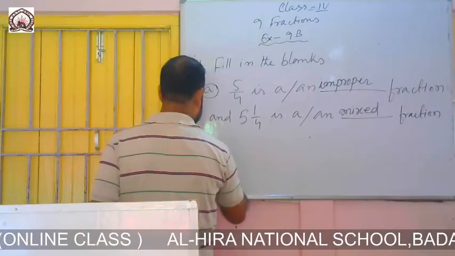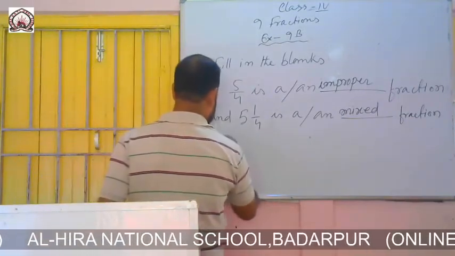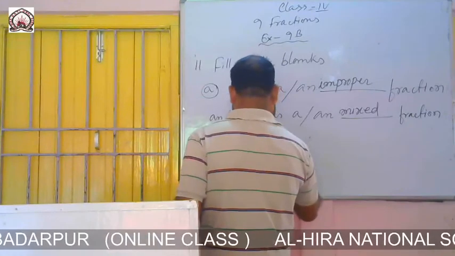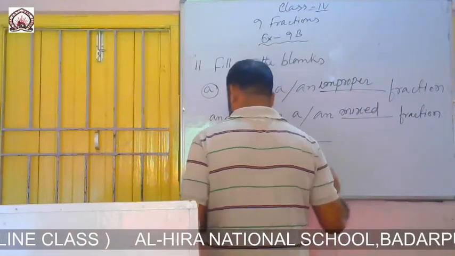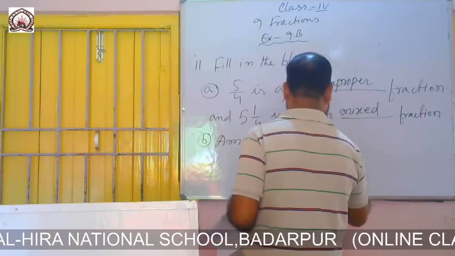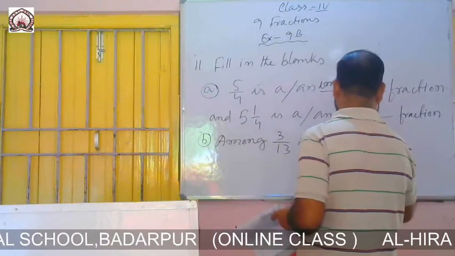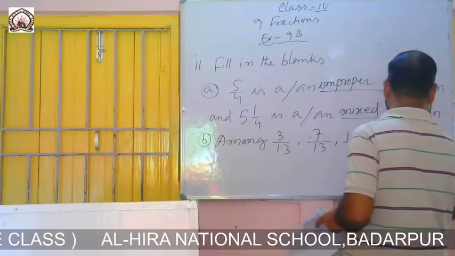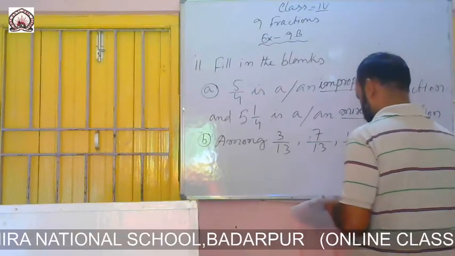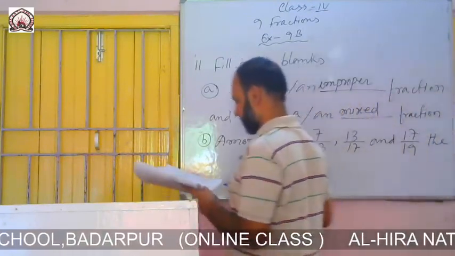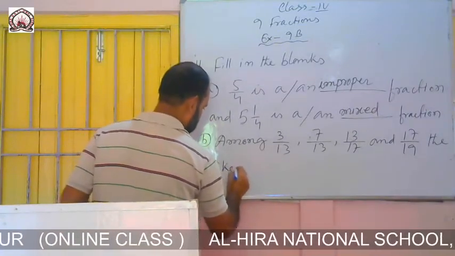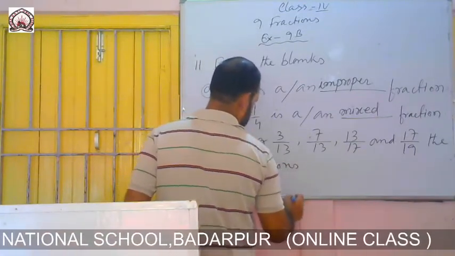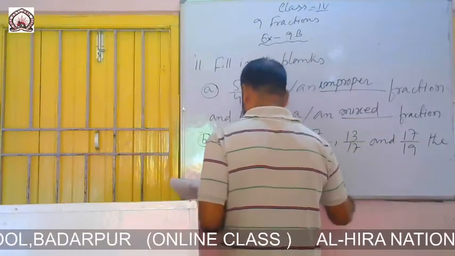Next, question number B. Among 3/13, 7/13, 13/17 and 17/19, the like fractions are dash.